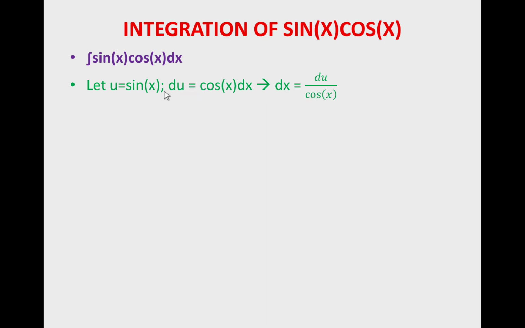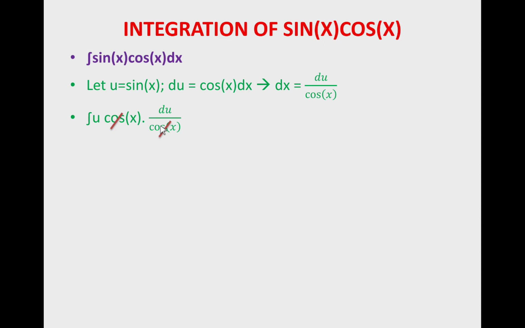Now we can substitute u for sine x and du over cosine x for dx. So integration of, instead of sine x, u; cosine x remains the same; instead of dx, we put du over cosine x. We can observe here that we have cosine x in both the numerator and denominator.